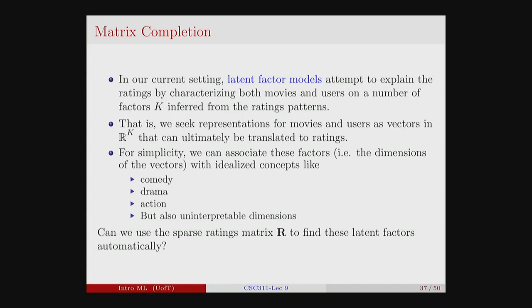And for a single user, a user might have preferences over those latent factors. Like I might really enjoy action movies, but someone else might really enjoy dramas. And so these preferences might be expressed at different numbers on each of those k dimensions.